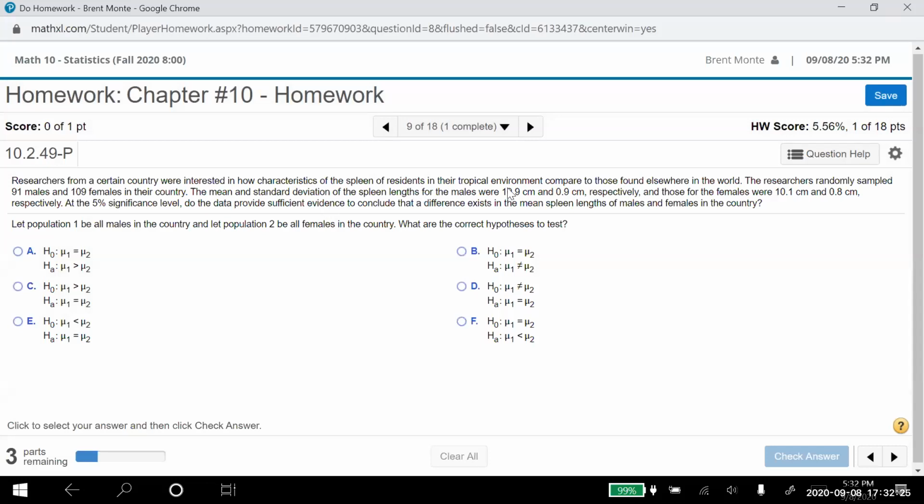Okay, so here's problem 9. It's another hypothesis test, but what I want to do is 10, which is a confidence interval. So let's get this confidence interval going. And then we will have seen both null and alternative hypotheses, so a hypothesis test, and a confidence interval. And remember, the title of this section was Inferences for two population means.